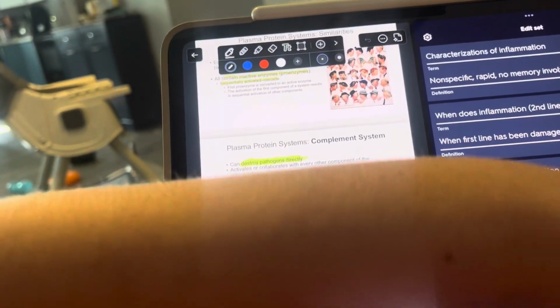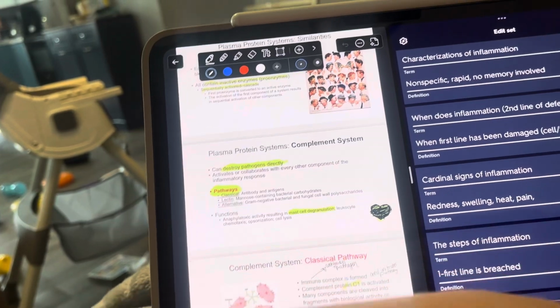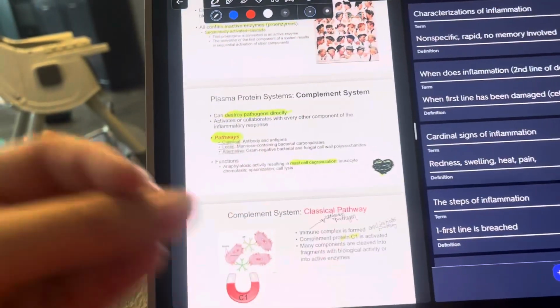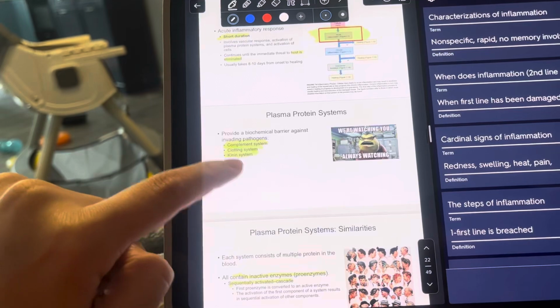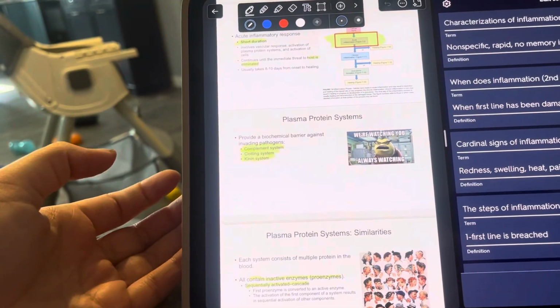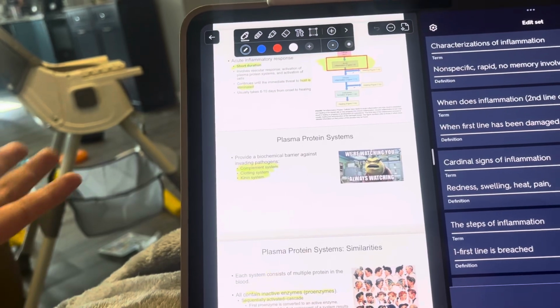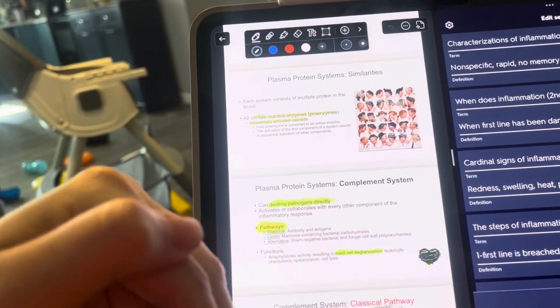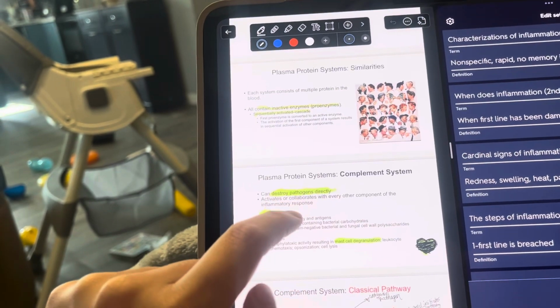So once I get stabbed, if a pathogen gets in because I've been stabbed, the complement system is what's going to kill it. The kinnin system's not killing it. It's just making a mesh. The clotting system's just clotting the area up so that blood can't keep leaking out. So what kills things once my skin's been breached is the complement system.